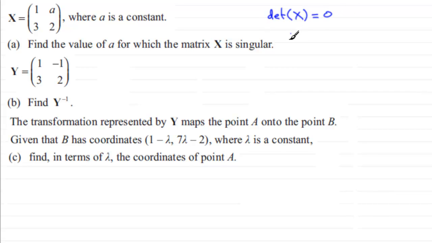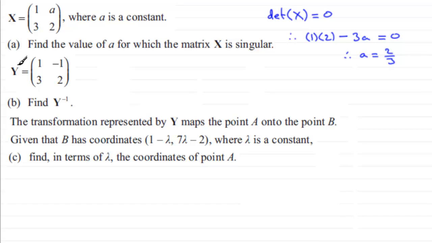Working out the determinant, we do the product of the two elements in the leading diagonal, 1 multiplied by 2, and then we subtract the product of the two elements in the trailing diagonal, 3 times A. That's our determinant, and it's got to equal 0. So essentially we've got 3A equals 2, rearrange that, and you end up with A equals 2/3.